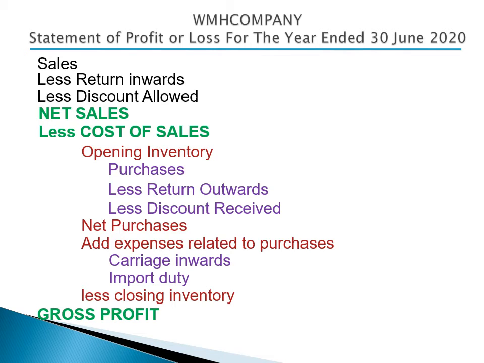So at the end of the first part of the statement of profit or loss for the year ended, the date will depend on your closing date of your accounting year. So if 30th June, then you put 30th June. Otherwise, you can put the 31st December, your accounting year end. And do not forget to put the name of the company. So this is the first part, the format for the statement of profit or loss.